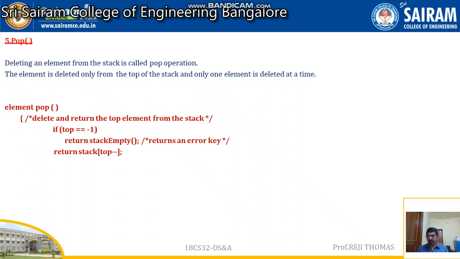It's a post decrement, so for this statement, your top value is going to remain as it is. Just for a minute, please see that there is no minus minus for this statement. So what is in the top? This element will be returned to the called function. Normally, your main is the one which calls this function. That is the calling function, and pop is the called function, and the calling function is going to be your main function.